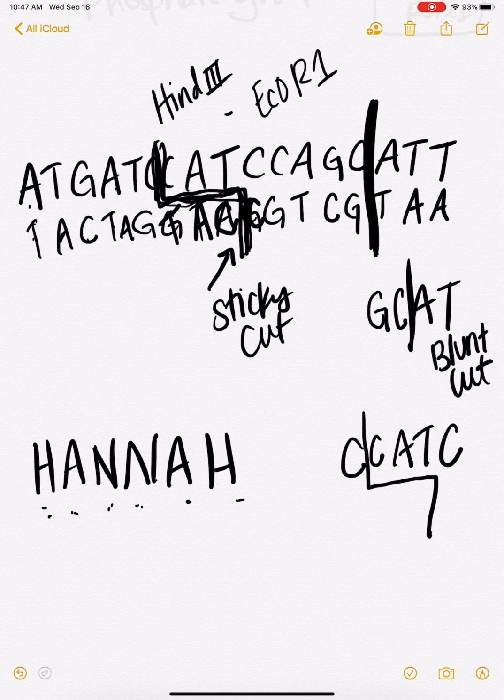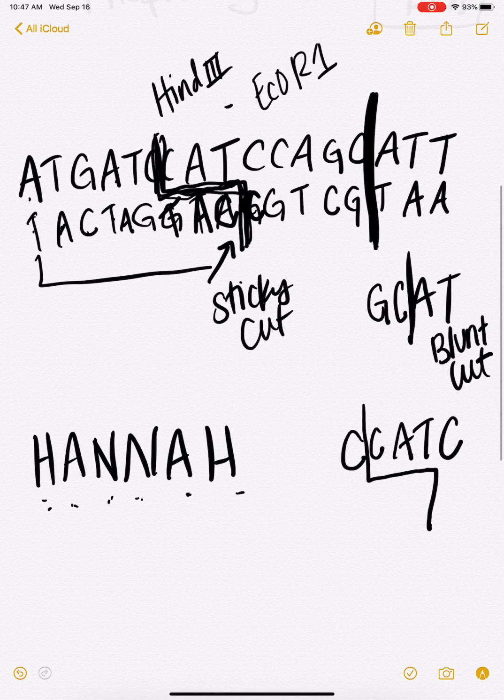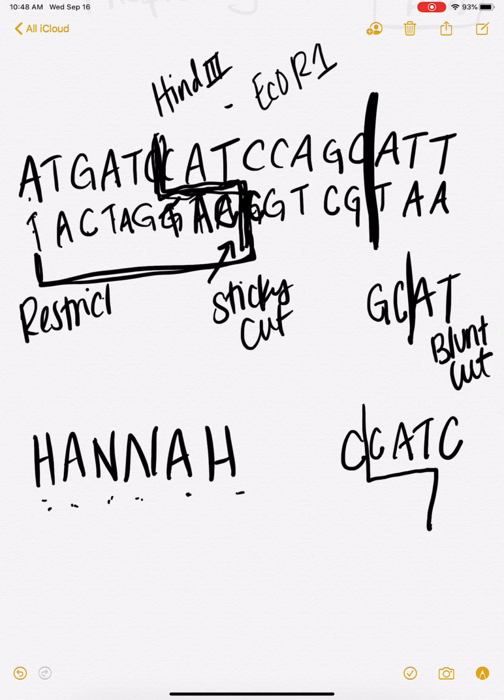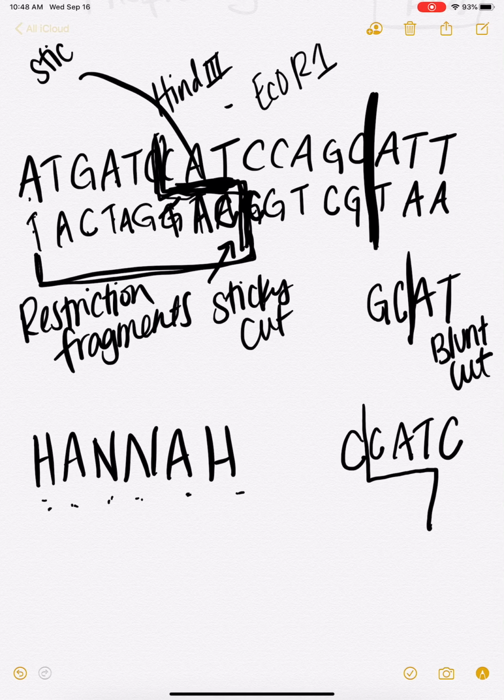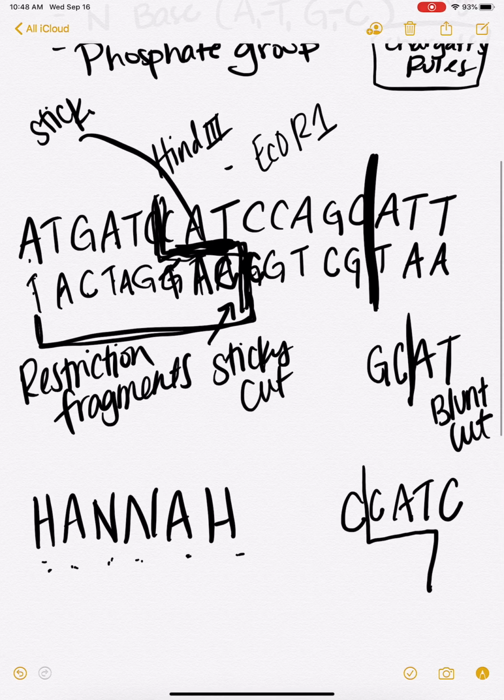And so a restriction enzyme chops DNA up into smaller pieces, and these pieces that are left are referred to as restriction fragments, okay? These overhangs here that you sometimes get are called sticky ends, okay? Now you don't have a sticky end in a blunt cut because it cuts straight through and you don't have this overhanging area, okay?